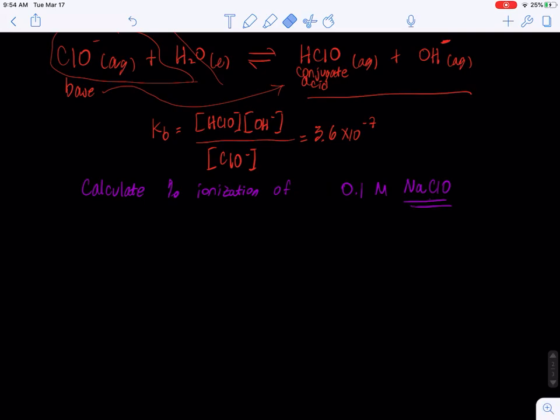All right, so what we do is we throw away the sodium, okay? The sodium ion is just a spectator ion, and ClO minus, that's of course the weak base, okay? So we're going to use that. So first write out your equilibrium.